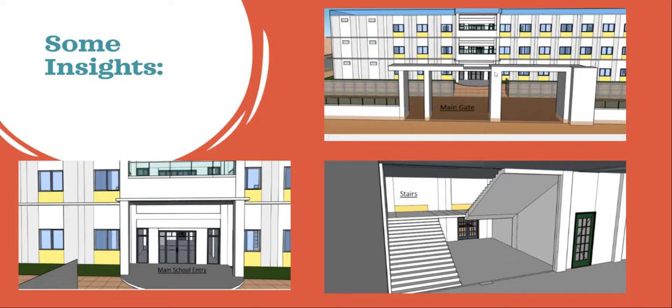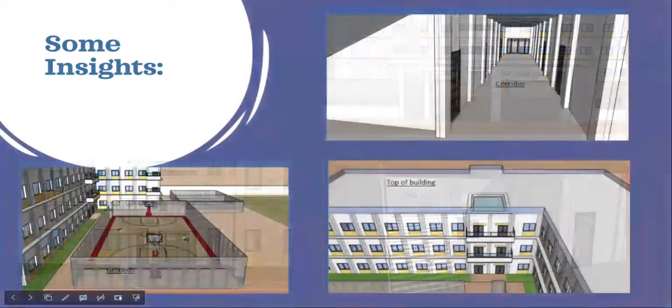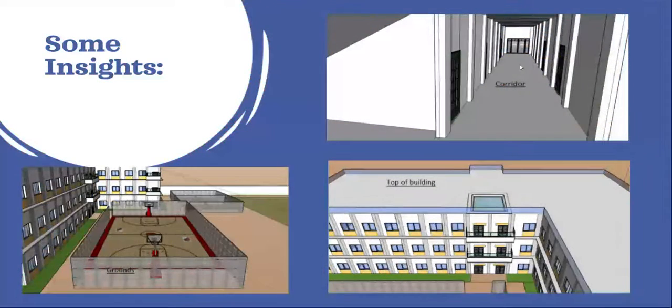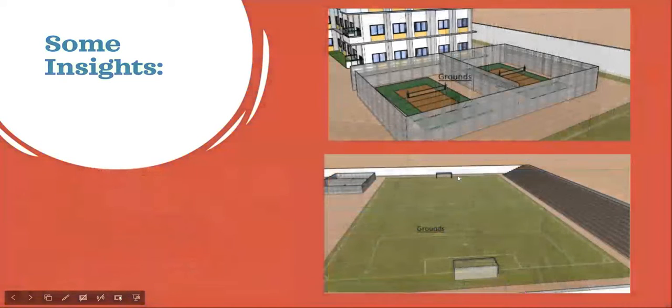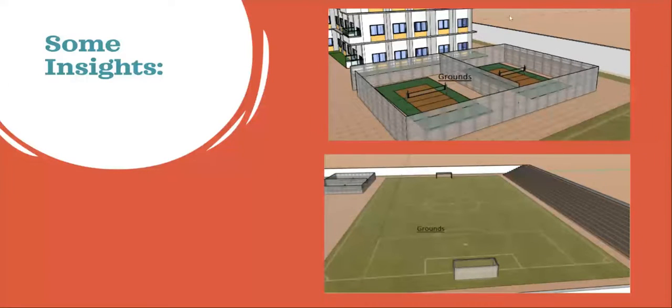Here you can see the main gate, the main entrance, as well as the central staircase. Here is a picture of the corridor, a picture of the basketball court, and here you can see the rooftop. Here you can see the badminton courts and the football field.